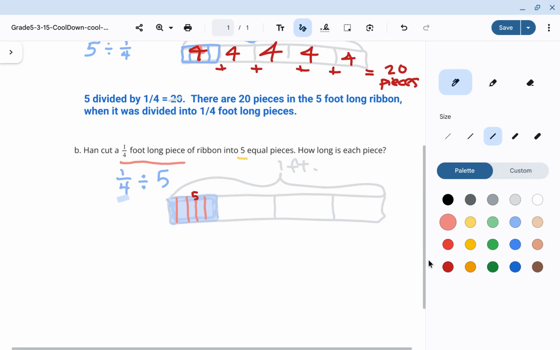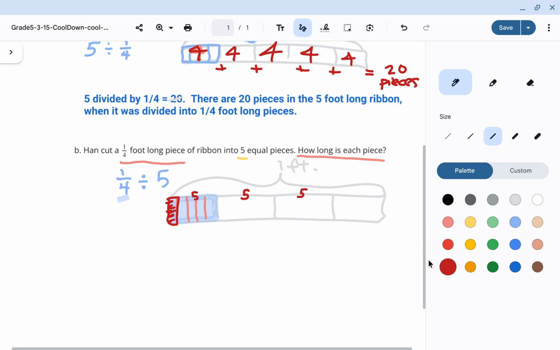So Han cut 1/4 foot long piece of ribbon into 5 pieces. But the question that we have to answer is how long is each piece? So if I'm considering this particular piece of what the entire ribbon was, how long is this particular piece right here in relation to the entire ribbon? Well, it's 1/5 of this 1/4 of a foot, sure. But this particular section would also, if it were similarly divided, be divided into 5 pieces, right?